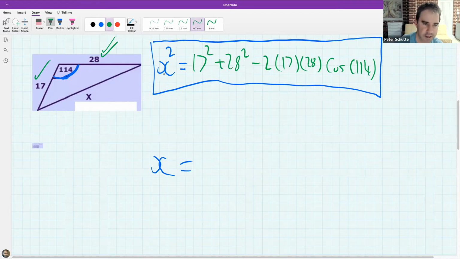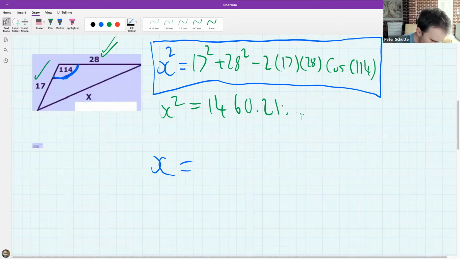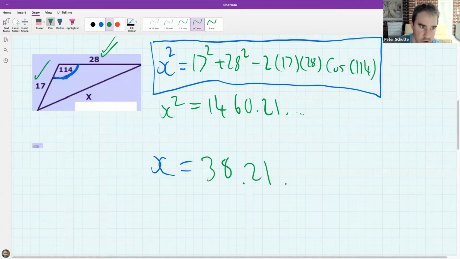So for my x squared, I get 1460.21, and then I'm going to go square root, hit the answer key, and I get 38.21, and this would be units. So basically what that's saying is this length of the side x is 38.21, and that's that length.